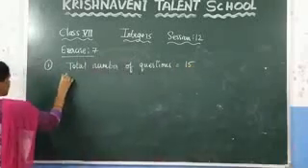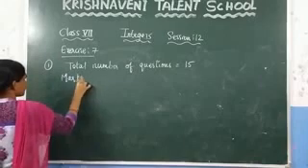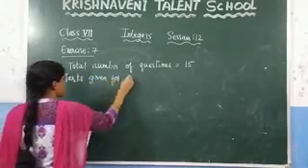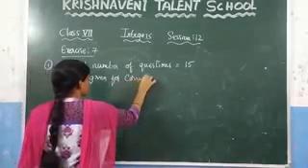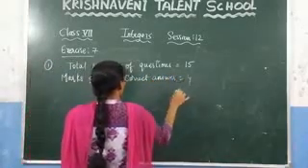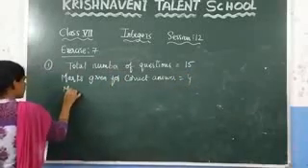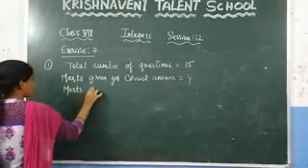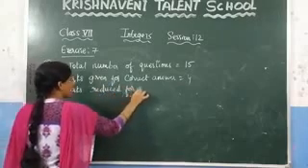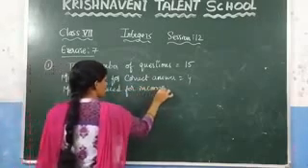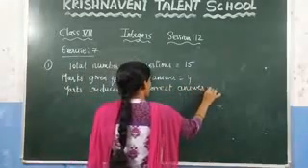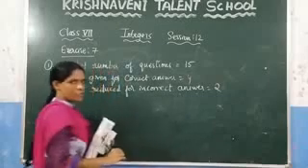And marks given for the correct answer. How many marks are they giving for the correct answer, which is 4. Marks reduced for the incorrect answer. How many marks are they reducing here? 2 marks they are reducing here.